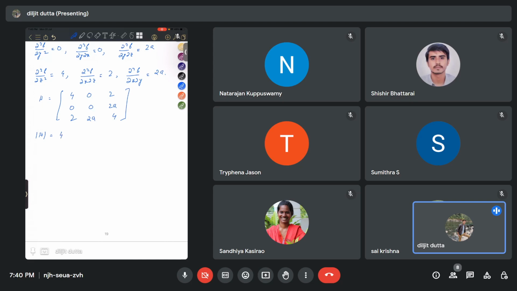So it will be 4 into minus 4a square plus 0 plus 2 into 0. Okay, so it will be 16 minus 16 a square.